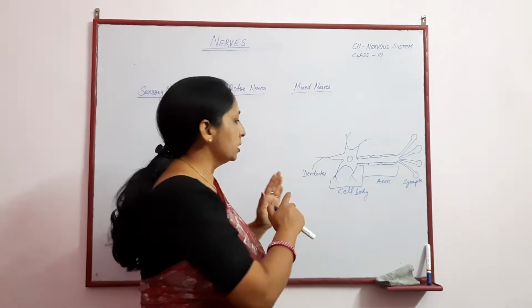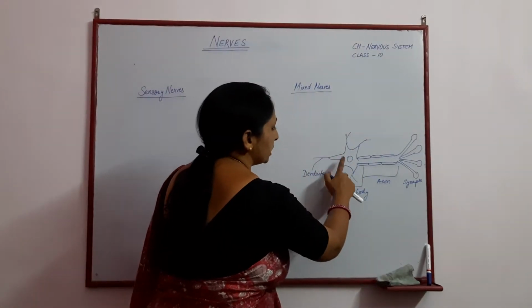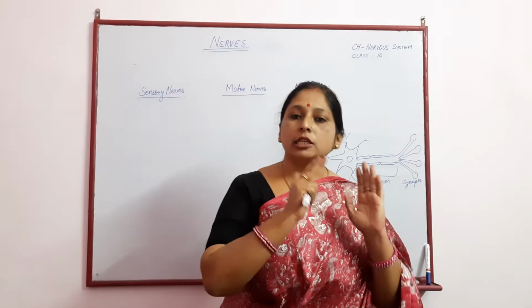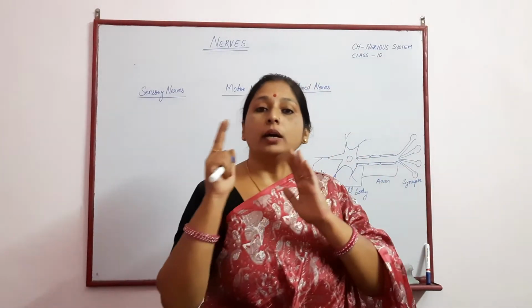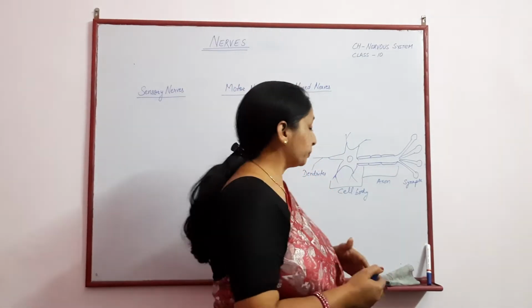The nerve impulse received by the dendrites is transmitted to the cell body, then to the axon, and again the impulse is transmitted through the synaptic cleft to another neuron. So this is the way by which it is transmitted.